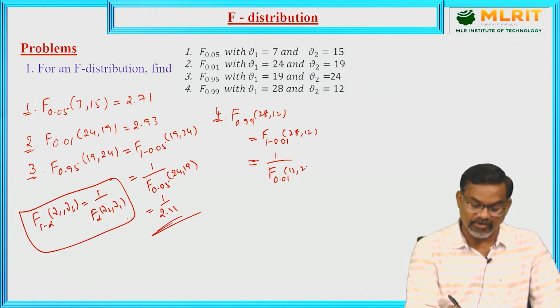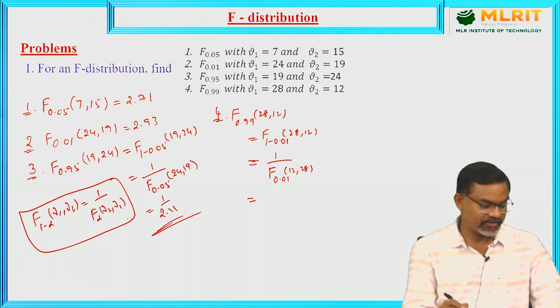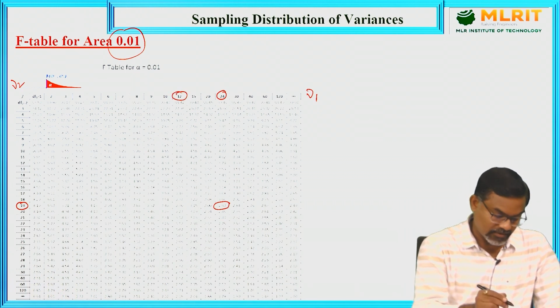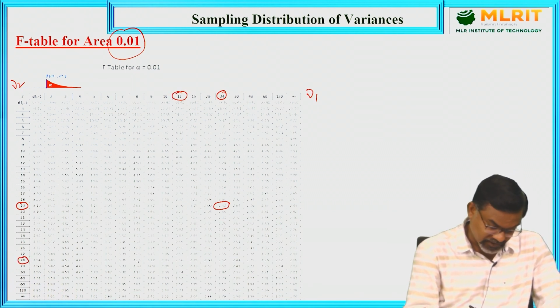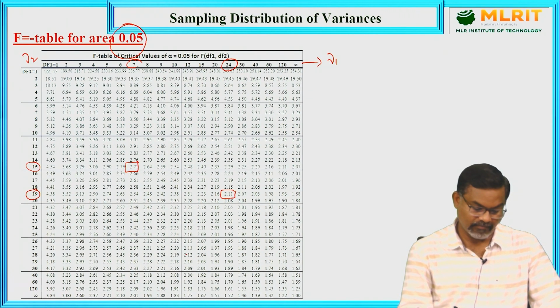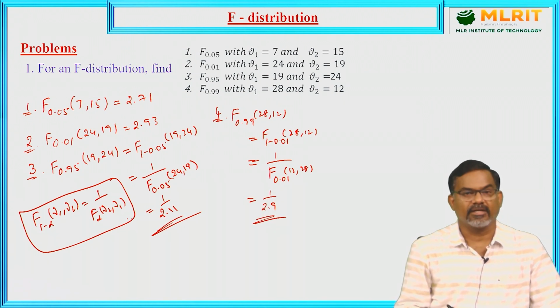So 12 comma 28. In the 0.01 table, for 12 comma 28, the corresponding value is 2.9. So 1 by 2.9 gives the required value of F.